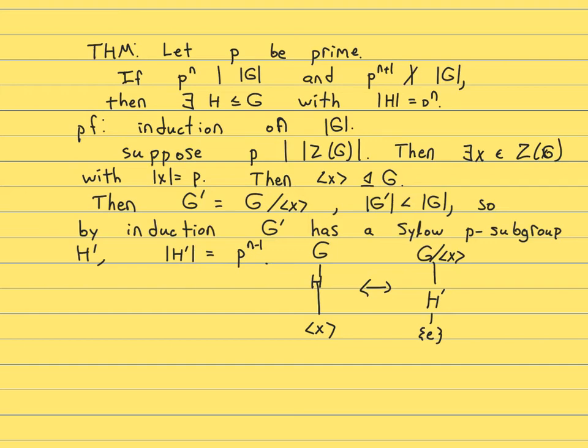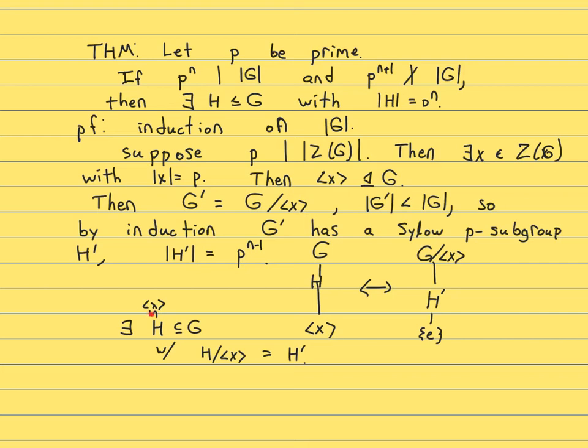That's just one of those facts we like to take advantage of. So we know there exists a subgroup H such that H mod X is equal to H prime. We're not going to claim anything but existence, we just know such a subgroup exists. And of course, it contains the cyclic group generated by X. So when you quotient it out, you get a group of size p to the n minus 1.